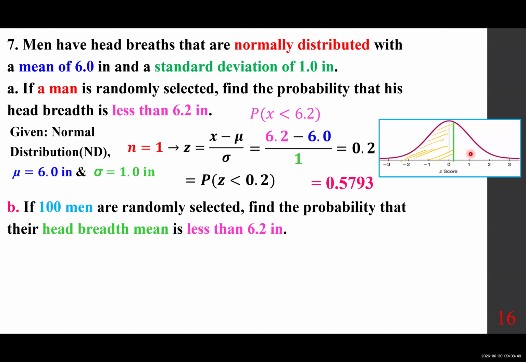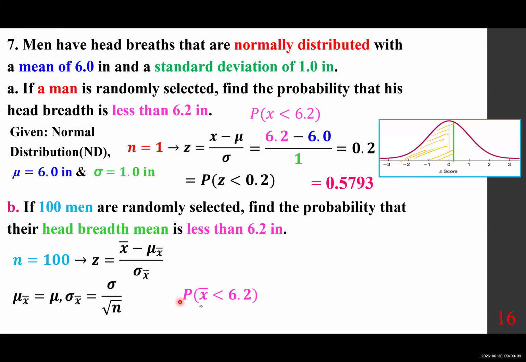If we look at the same situation, but if 100 men are randomly selected, find the probability that their head breadth is less than 6.2. Now, the difference is here. If everything is the same, n is 100.